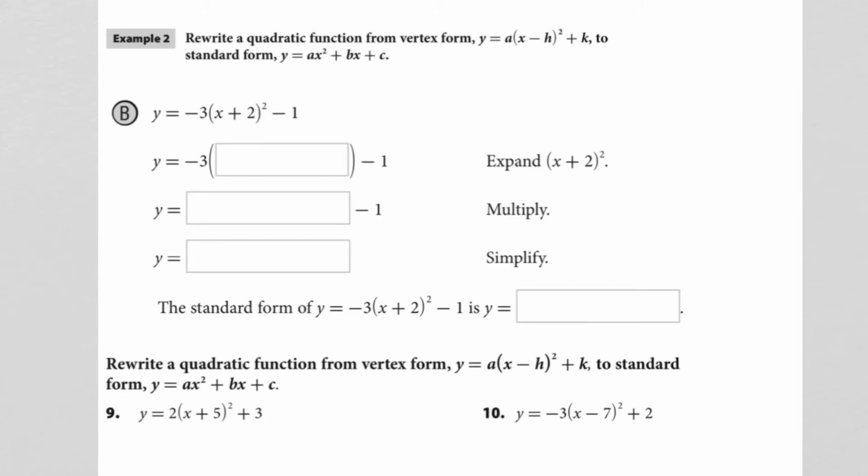Here's my favorite stuff. Rewrite a quadratic function from vertex form to standard form. So if we have vertex form, that's this thing right here. This is in vertex form. And I can't spell form. That's clearly a, this is clearly h, and that's k. But now we need it in standard form.